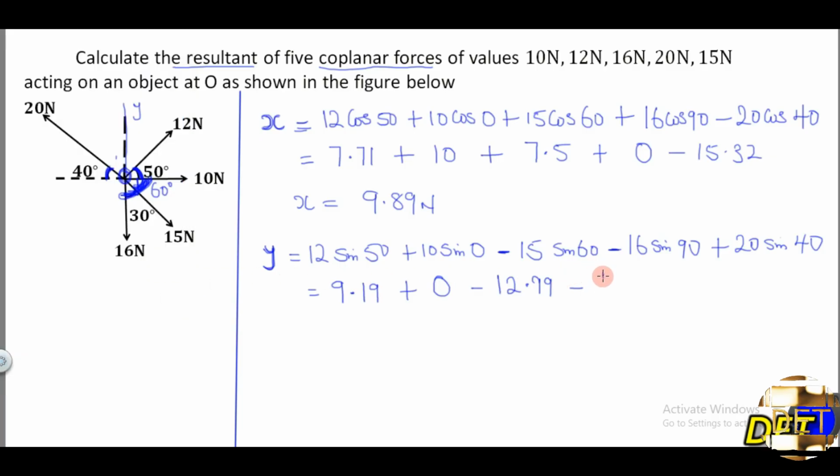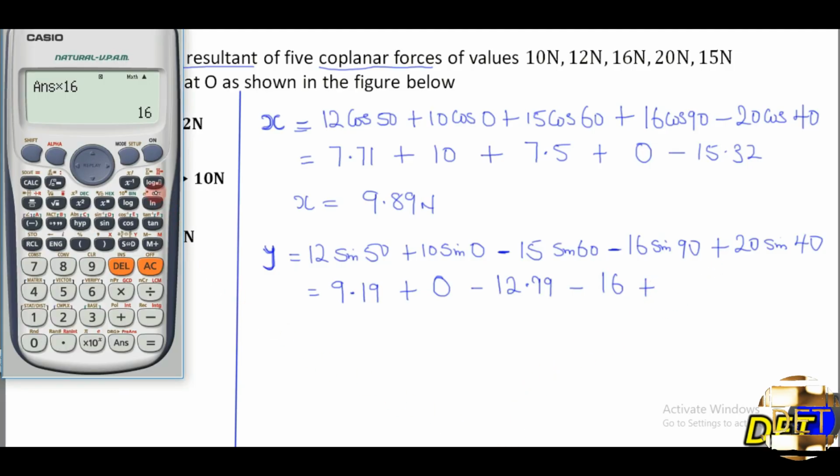So that will be minus 16 plus sine 40. Sine 40 will give me 0.627 times 20 will be equal to 12.856, right? So that will be 12.86.